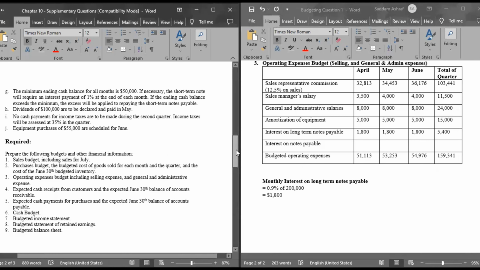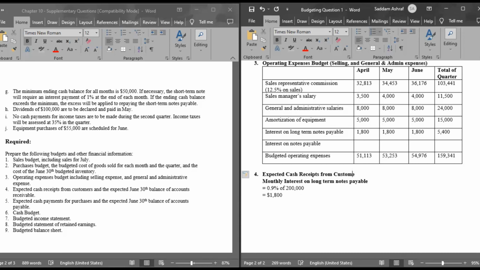Requirement number 3 is done. Next, we need to calculate requirement number 4. In requirement number 4, he is asking us to calculate expected cash receipts from customers and the expected June 30th balance of accounts receivable.